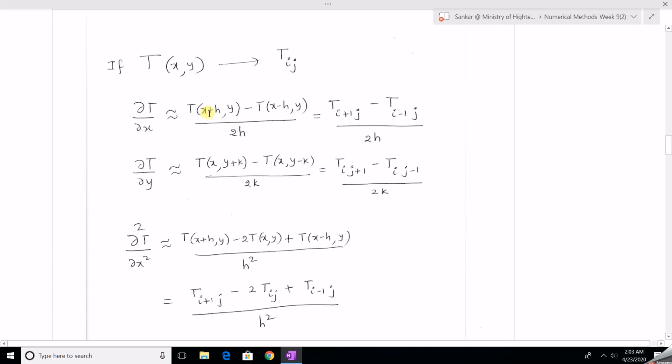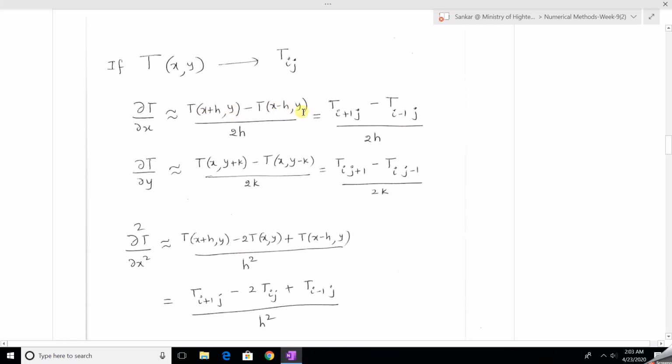That means we are making changes only in the variable x. y remains constant, y remains the same. That means this is the partial derivative with respect to x. So when we are finding the partial derivative with respect to x and its approximation, we change the values of x only.